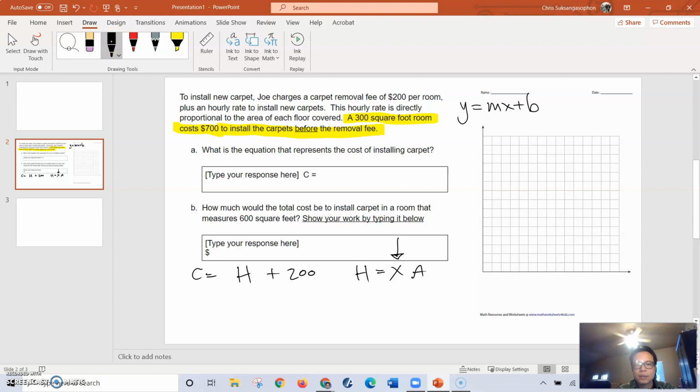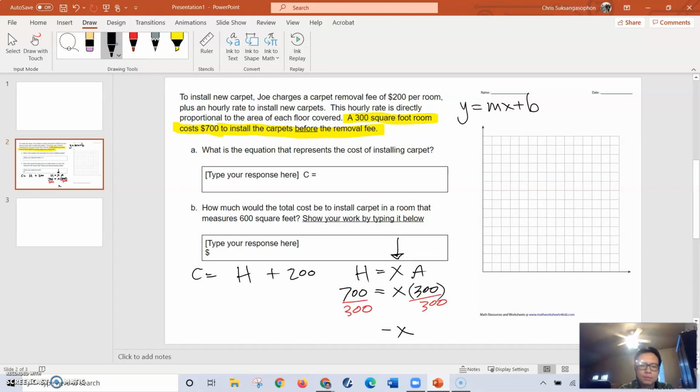Okay, so a room that has an area of 300 will cost $700 to install. Okay, so here you have x times 300 equals 700. To get x by itself, remember you need to divide by 300 to get rid of it. So divide 300 on both sides.